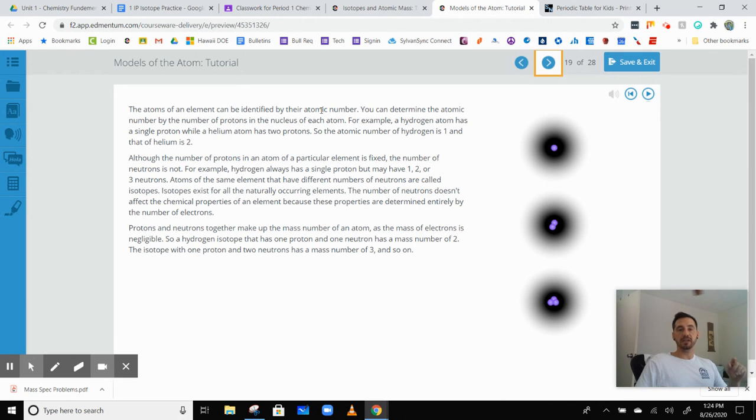Its atomic number is the number of protons. For example, hydrogen has an atomic number of 1. It always has 1 proton. Okay, helium, atomic number 2. It always has 2 protons. Okay, lithium always has 3 protons. Okay, so that never changes. However, the number of neutrons can change, so the mass can change.